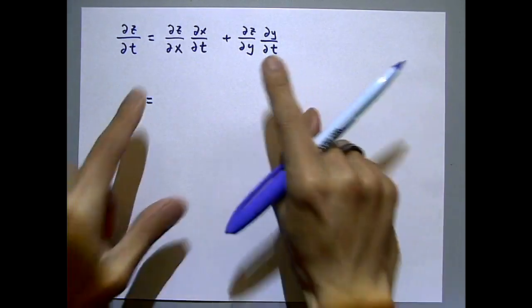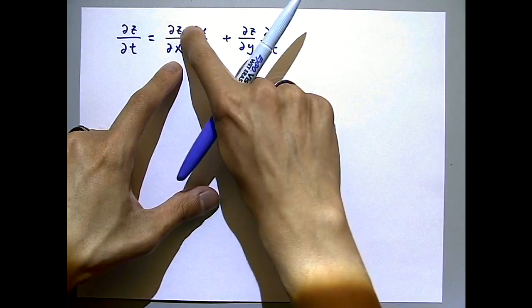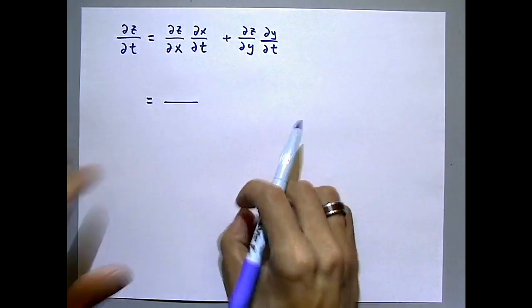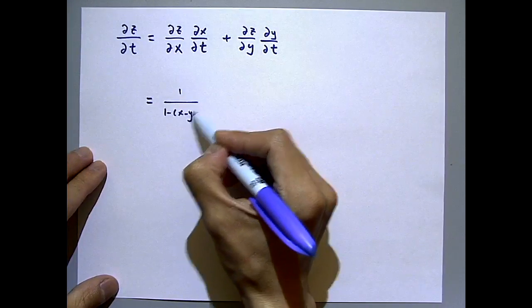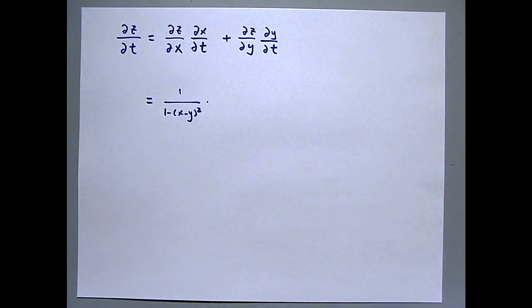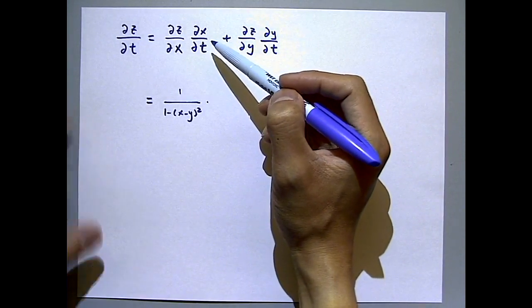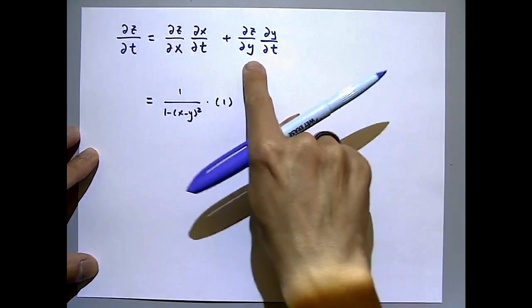Filling the details here. These 2 things we already have. Partial derivative of z with respect to x and y, we already have these 2 things from the last page. So I'm just going to copy that. And now partial derivative of x with respect to t is, what is it? What's partial x, partial t? 1, right? That should be easy. This we already have.